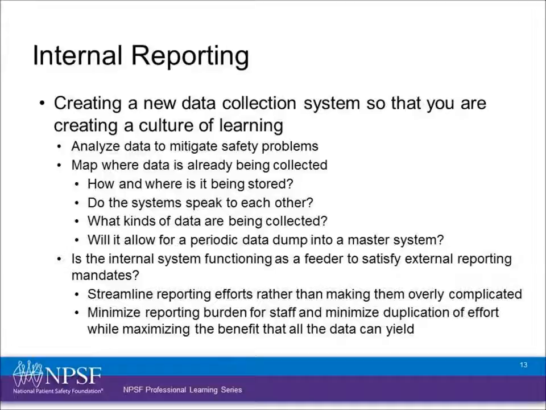So if you live in a state where certain things have to be reported, those should be developed as part of your day-to-day event reporting system, and they shouldn't be separate and additional elements that get collected. I think it just adds to confusion if you have redundant reporting or multiple layers of reporting in an organization.